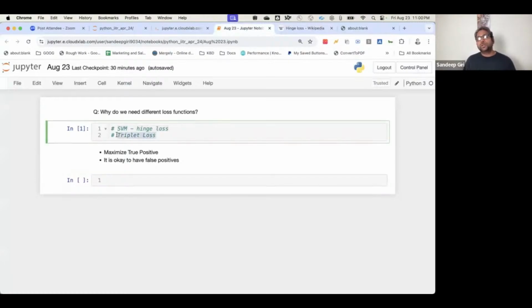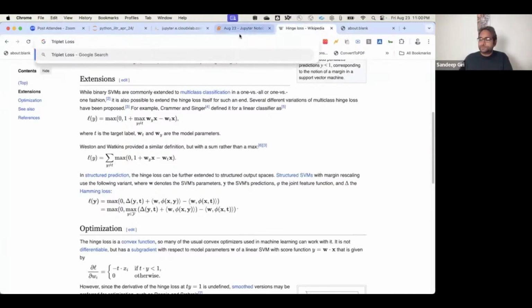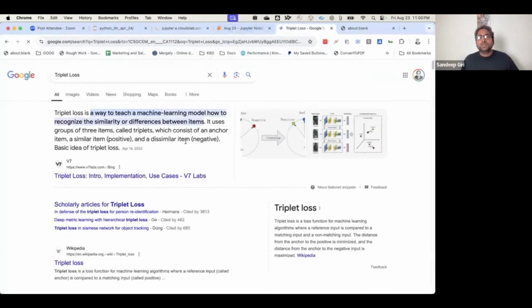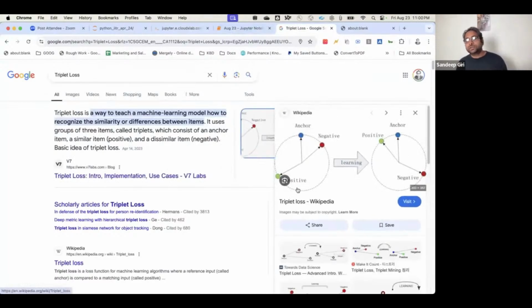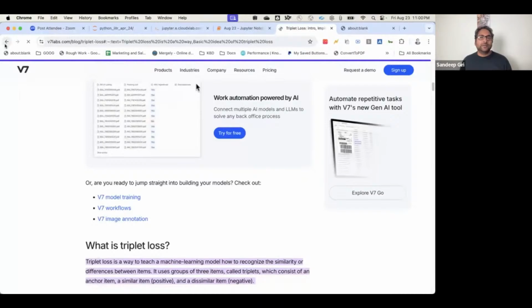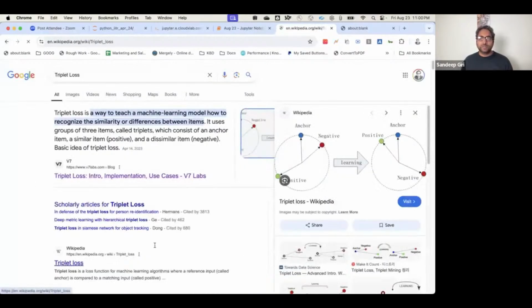Another example I took was triplet loss. Let's take a look at triplet loss. Triplet loss is a way to compare. Wikipedia one is generally more trustworthy.